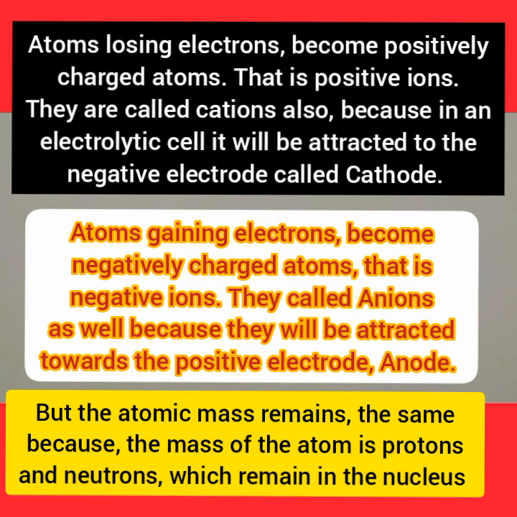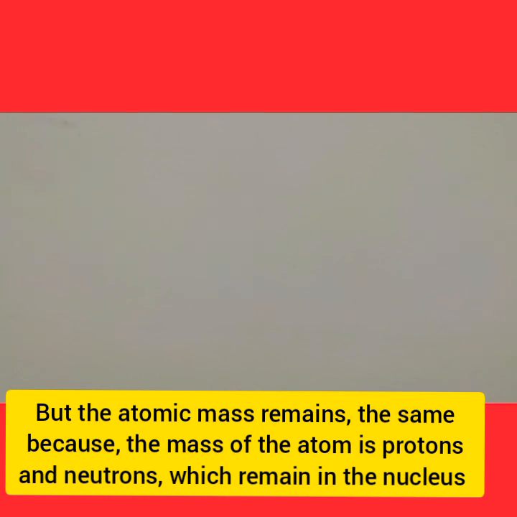So when atoms lose electrons, they become positively charged ions. So it's very clear, it's only the same atom. When an atom either receives or loses electrons, it becomes electrically charged. Then it is called an ion. The mass of ions and the mass of atoms will be the same because electrons are considered to have nearly zero mass.